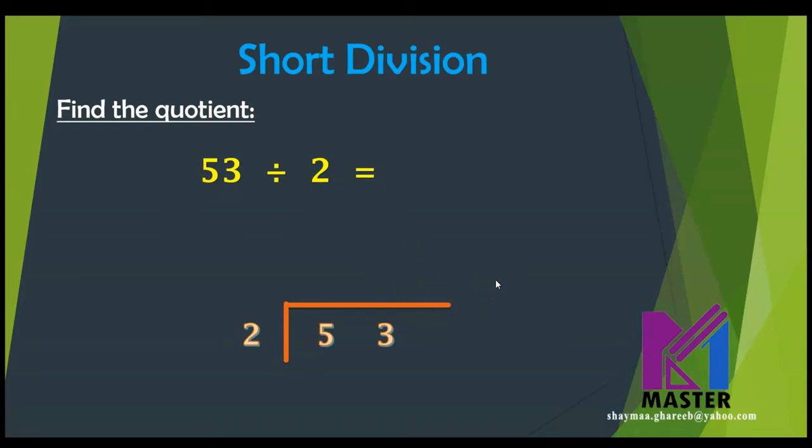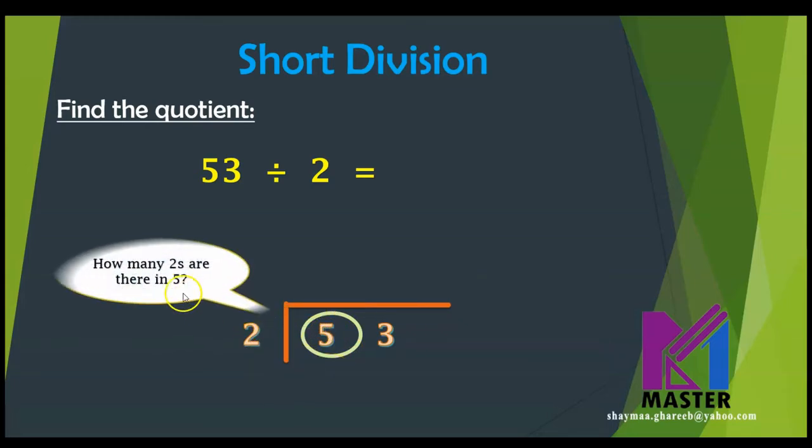Then what is the first step? I will start with the first digit, which has the biggest value in the number. This is number 53, so this digit, the 5, has the biggest value. So I will start with it. This 5, I will divide it by the 2. 5 divided by 2 means how many 2's are there in the 5.